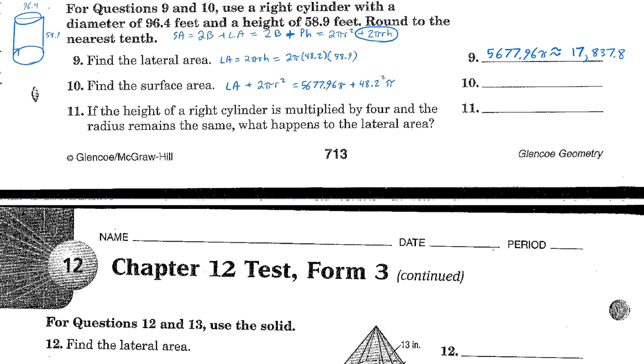Right? Yep, just double checking. Okay, so 48.2 squared plus the 5677.96. So that's exactly equal to 8001.2 pi, or approximately equal to, times pi. Whoa, that's not a pi. There we go.